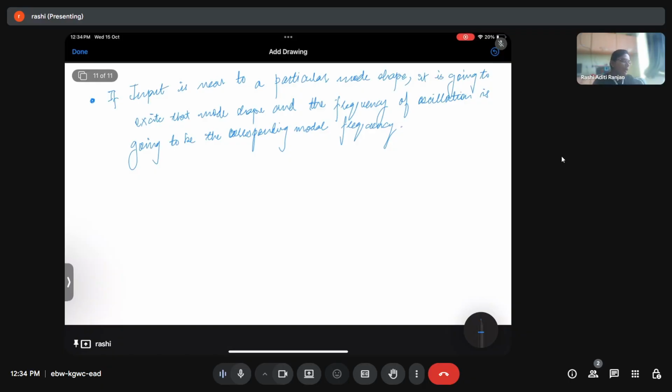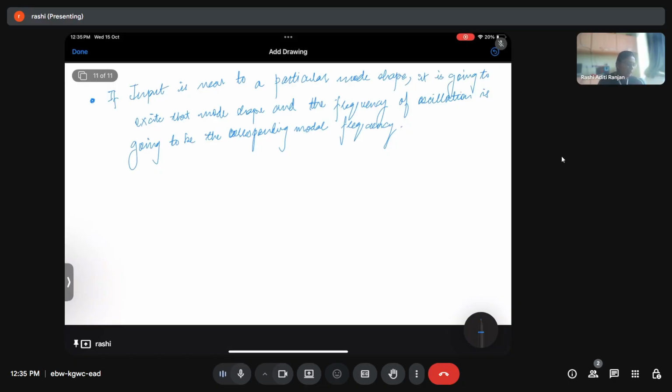Now, if we have a choice to select whether we want to model my system as a single degree of freedom system, as a two degree of freedom system, as a multi-degree of freedom system, it is our choice, right? But which is easier for us?